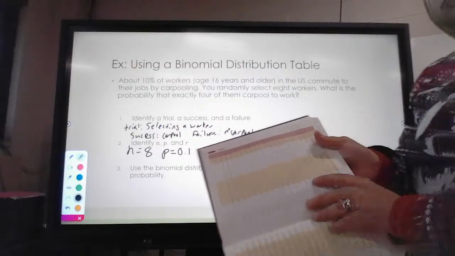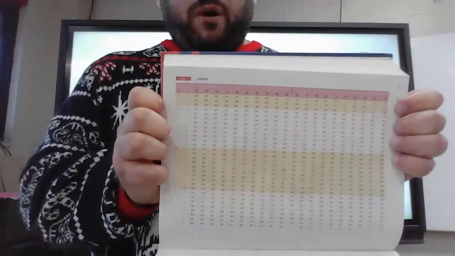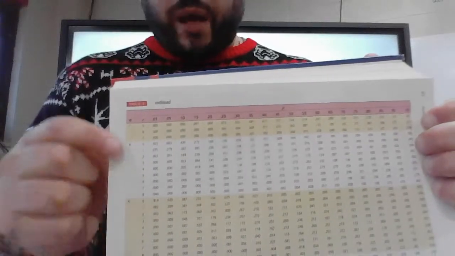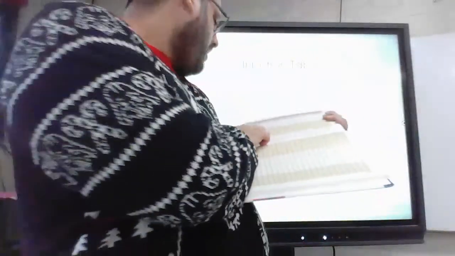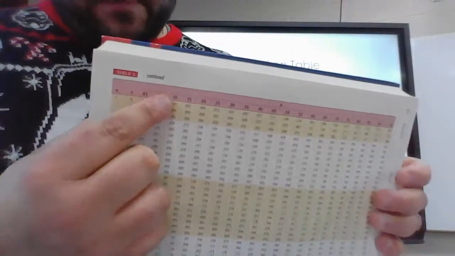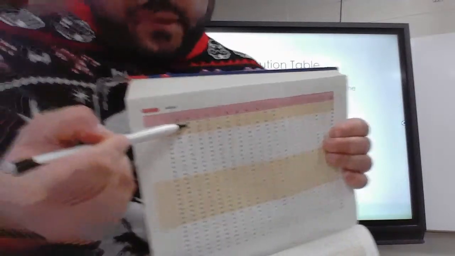Here's an example of a binomial distribution table. I'm looking for n being 8, which is this first white column. R is 4, that's this value. Now I find my value of P to be 0.1, which is the same as 0.10, and match that to R being 4.